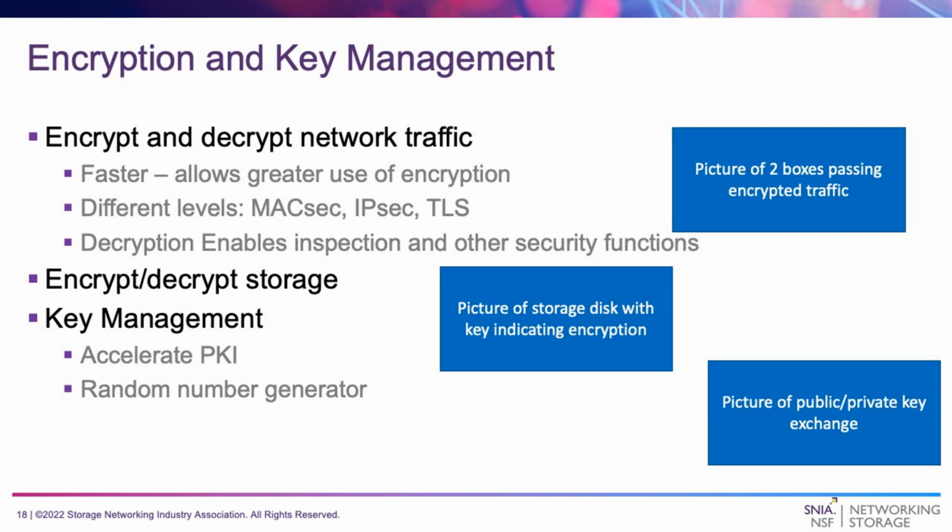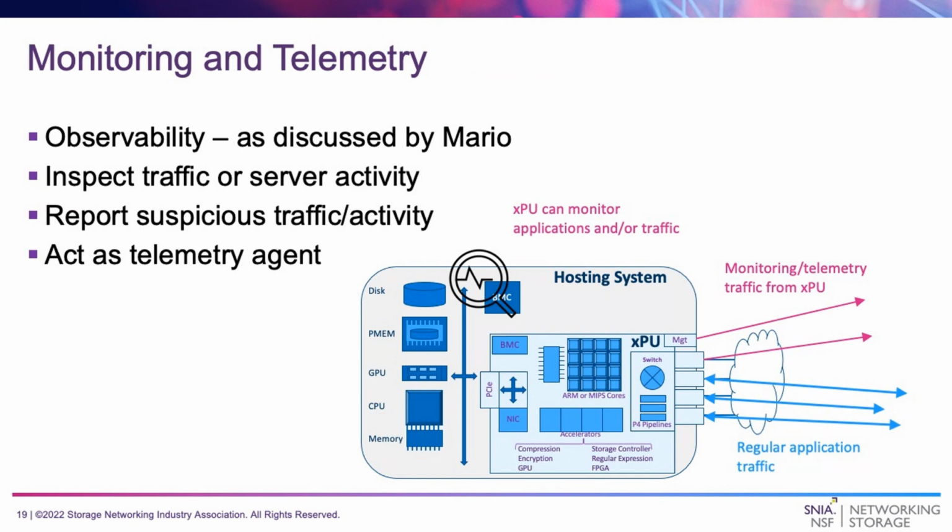And some xPUs also have additional functions like a random number generator, which is important for setting up key exchanges in the first place, because using a true random number generator helps ensure that outside parties are not able to predict or replicate the keys for that exchange. That's 3 ways that xPUs help with security on the encryption side.